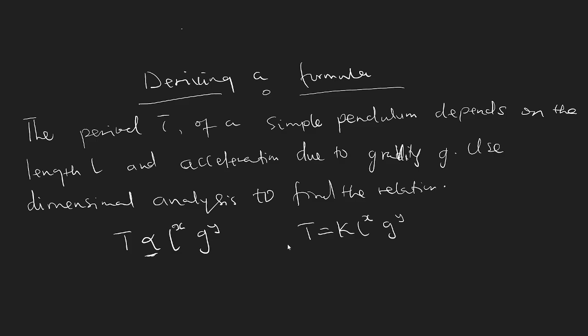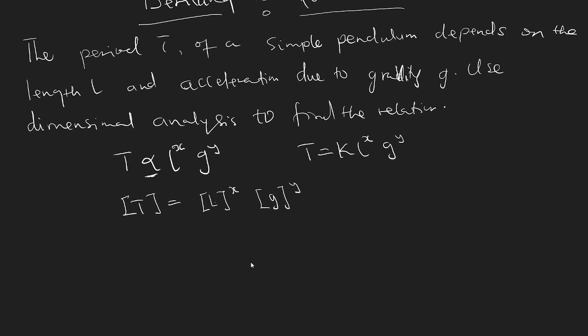So what happens here? We now want to introduce the concept of dimensions. T here is talking about time, k is a constant, L is the length, and g is acceleration. So the dimension of T will be equal to the dimension of this constant, which we get rid of, times the dimension of L exponent x, the dimension of g exponent y.